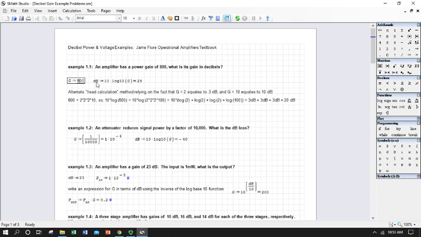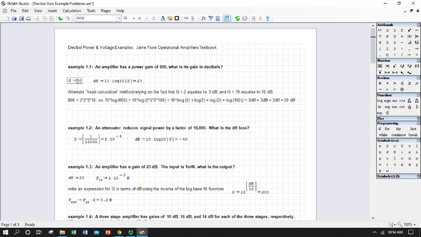And just to give you an example of why SMath is a nice way to do this, if someone were to say, well, gosh, my amplifier isn't maybe working quite so well, what would be the decibel gain if my ordinary gain was only 500? All I have to do is change my input, and you can see here the power of using the decibel scale.